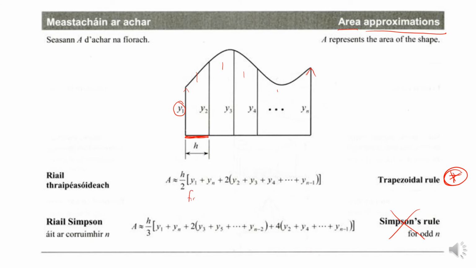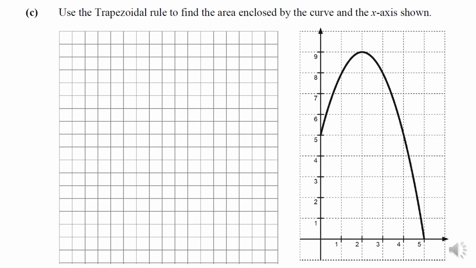So the first plus the last plus 2 times the others. So the others are all the in-between measurements, up to the second to last one. So plus 2 times the others. Alright, so let's apply that to our picture. Let's first start by writing down my formula.